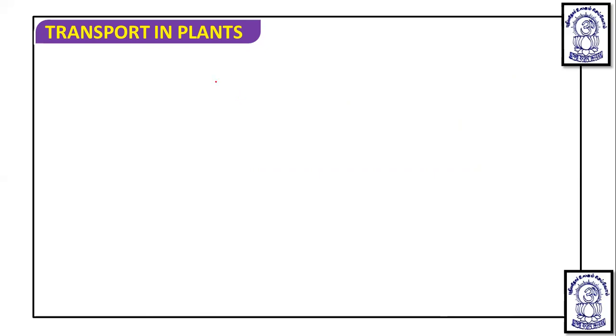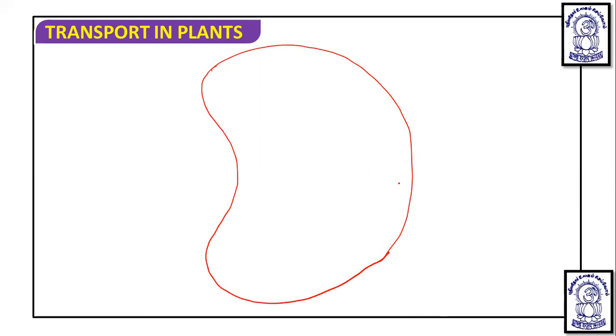If we talk about the potassium pump theory, dear students, suppose let's draw one guard cell. This is the guard cell. Now what happens first in the guard cell? You will see that there is carbohydrate or starch in the guard cell. Now this will convert first into glucose.